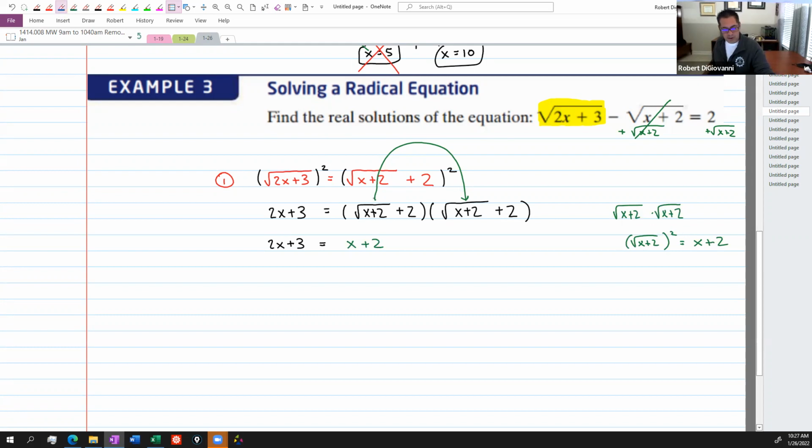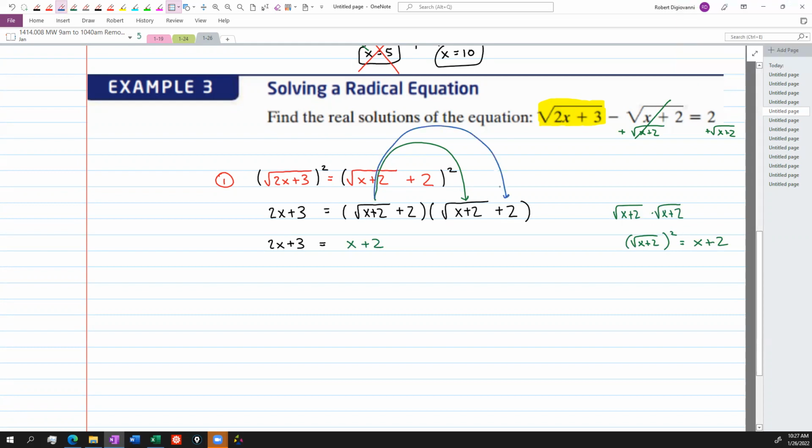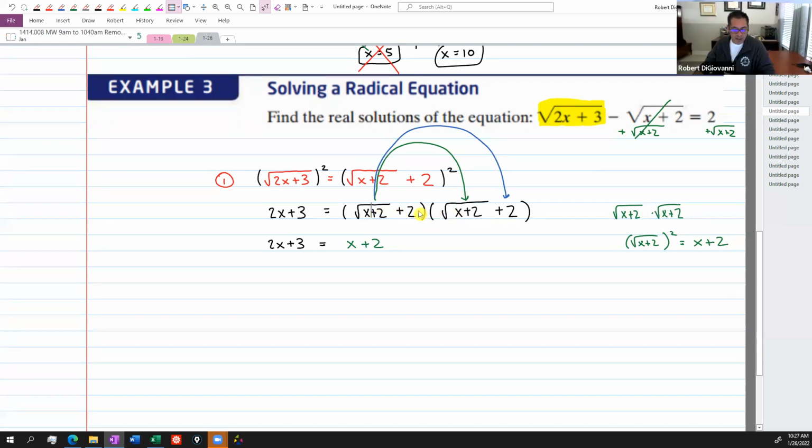You want to keep going? How about this times this? Wouldn't it be, wait, are you talking about but then we already cancelled the square root? Well, when we multiplied these two together, we did. But we have to distribute this in blue. We've got to distribute it to this one and then to this one.